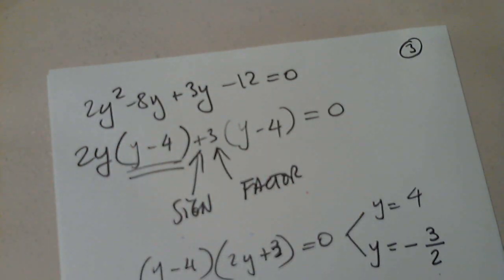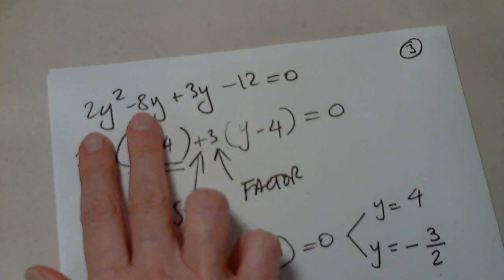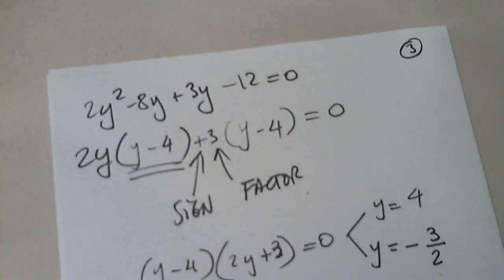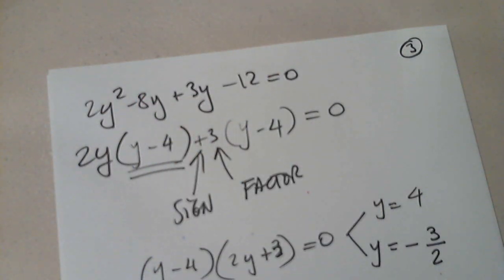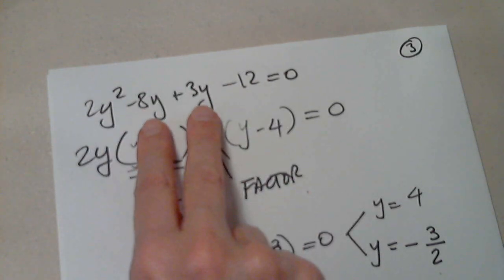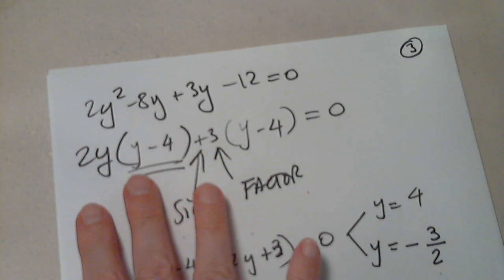Now, it may not work grouping these two and these two. So I have to try these two and these two, and finally, I have to try these two and these two. But not in this case. So we always try the first two.